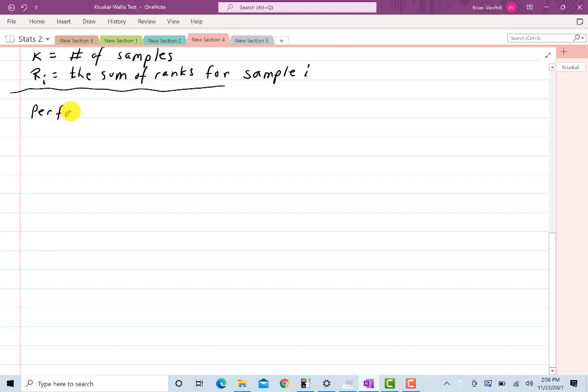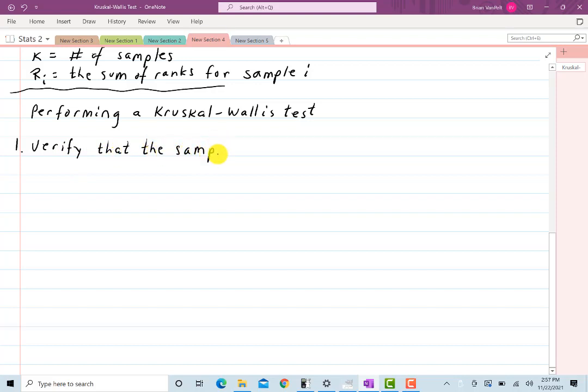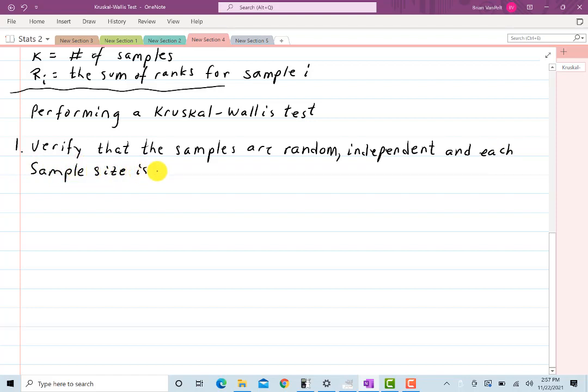Performing a Kruskal-Wallis test. 1. All we need to do first is verify that the samples are random, independent, and each sample size is at least 5.